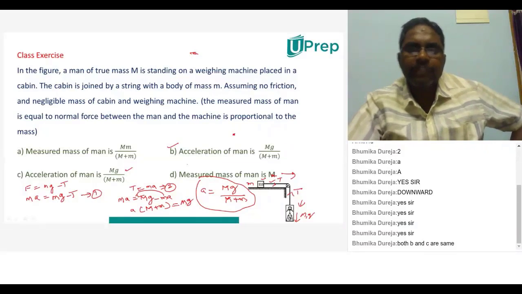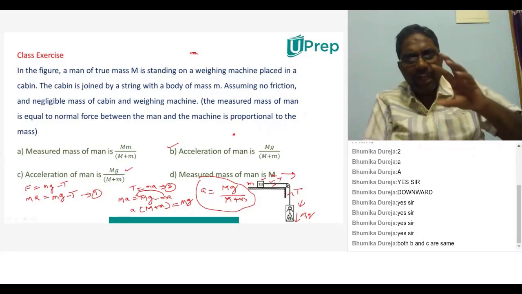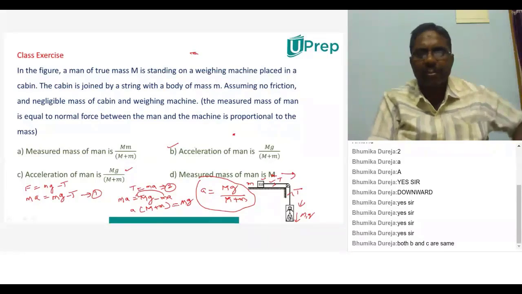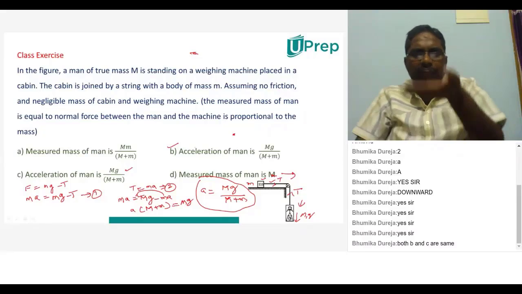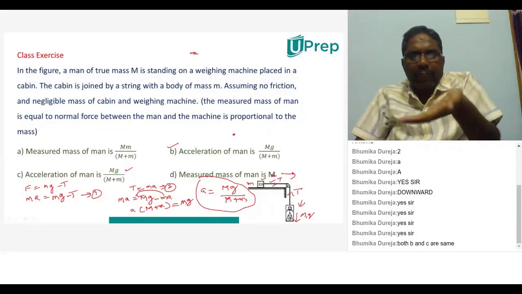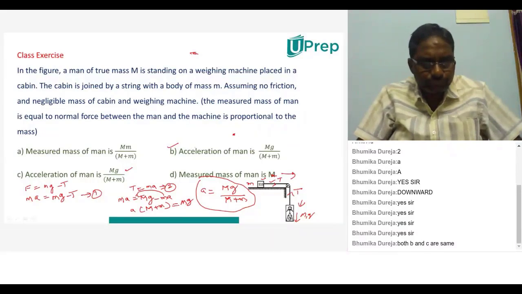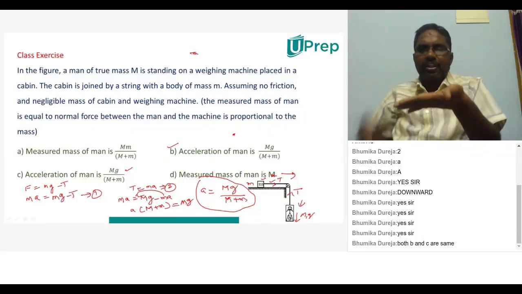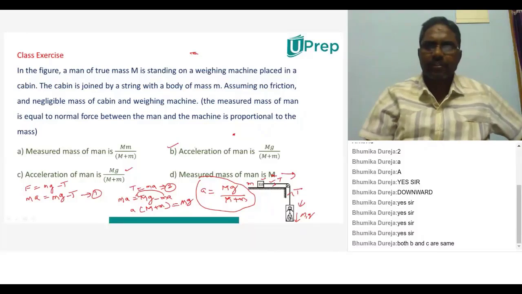Now tell me, will the measured mass of a man be capital M only, or will the measured mass change? Measured mass of a man. Generally a weighing machine is there, no? Will the weighing machine weigh the mass of the man or not? Now on the weighing machine, a man of mass M is there.